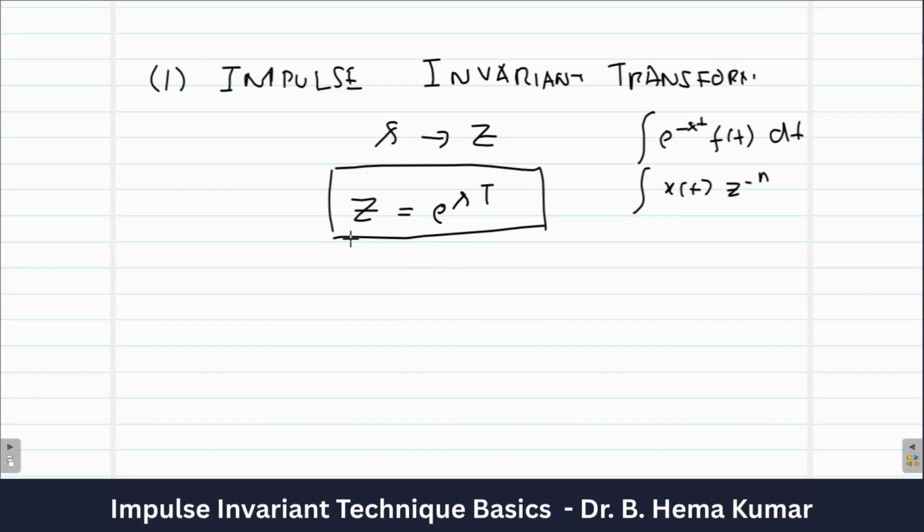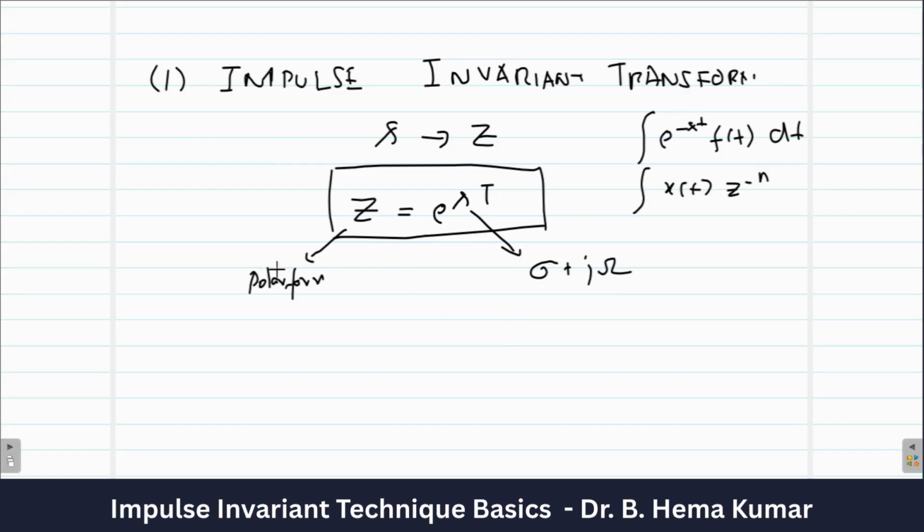We all know that in H of z in the Z domain, Z is in polar form, and S is a complex variable. Its value is typically sigma plus j omega.